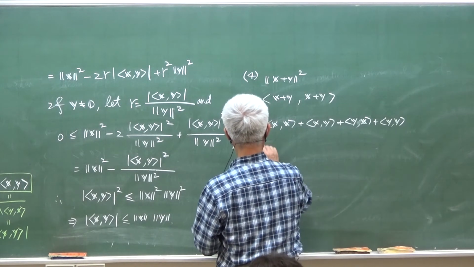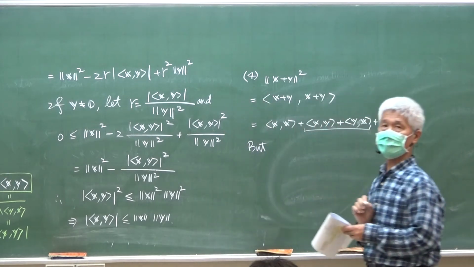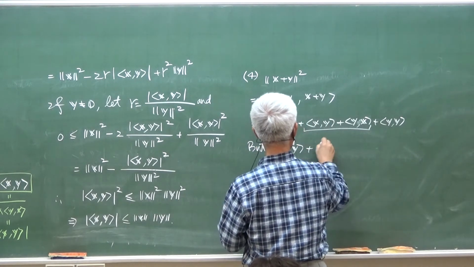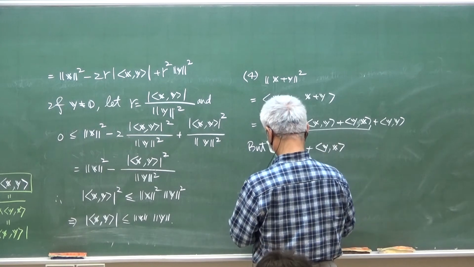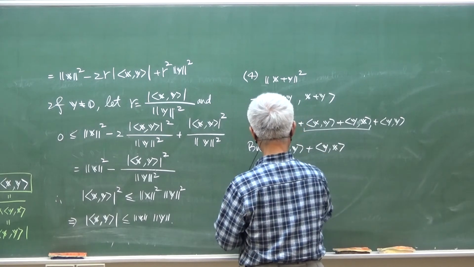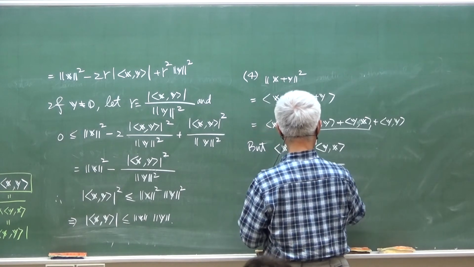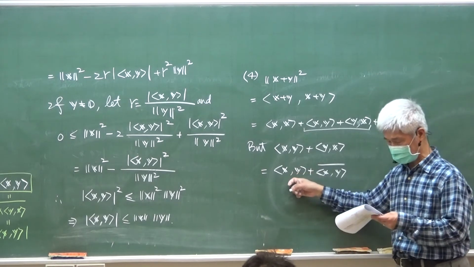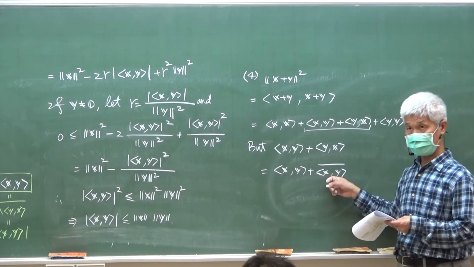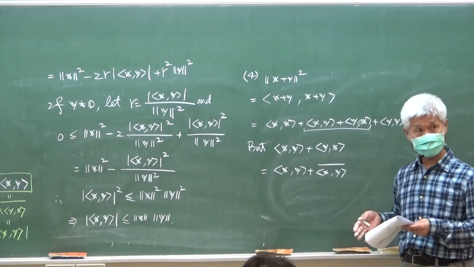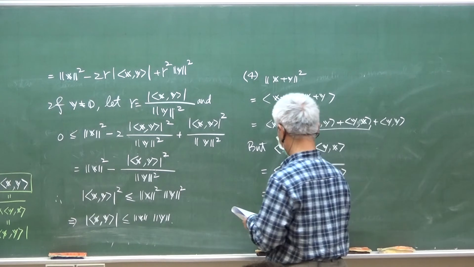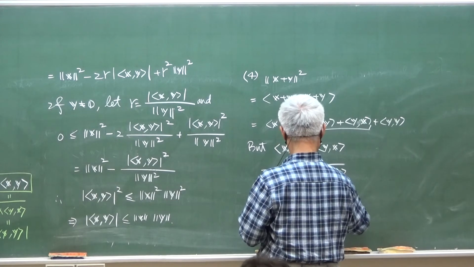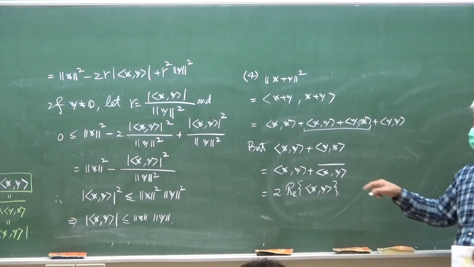Right, now we take care of the middle two terms. But xy plus yx is equal to xy plus the conjugate of xy. Right. So a complex number added to its complex conjugate cancels the imaginary part, right? So that we have two times the real part of xy. Okay? Two times the real part of this complex number.